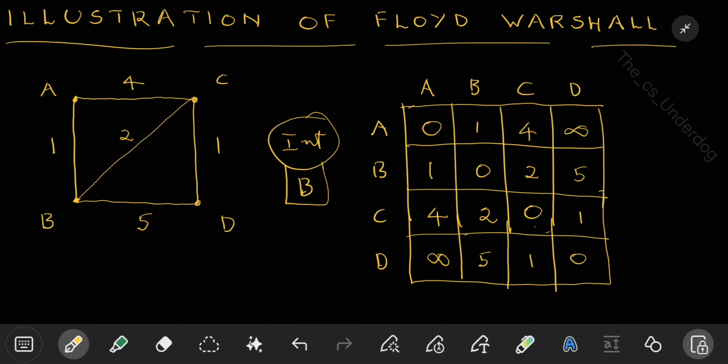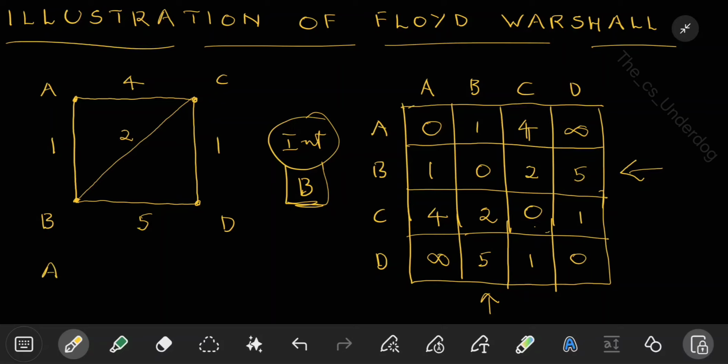Okay. Let us take B as intermediate vertex. Considering B as intermediate vertex, I will skip this row and this column because both of them have B as one end. So there will be no change in these two. Let us consider all other ones. AA, because it is 0, I am skipping. What about this one, AC, which is presently 4?